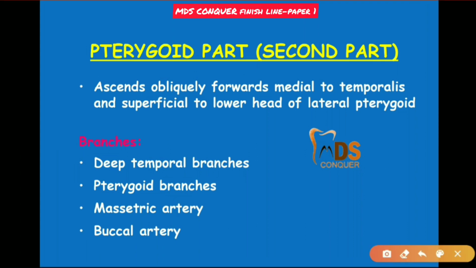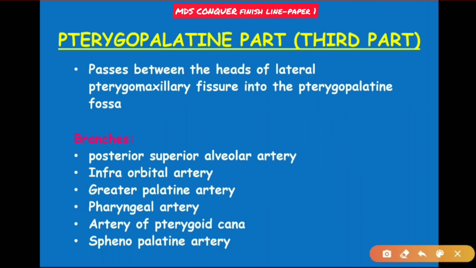The second, pterygoid part gives rise to deep temporal branches, pterygoid branches, masseteric artery and buccal artery. Whereas the pterygopalatine part gives rise to the posterior superior alveolar artery, infraorbital artery, greater palatine, pharyngeal artery, artery of the pterygoid canal, and sphenopalatine artery.